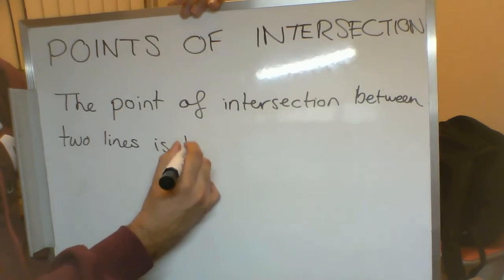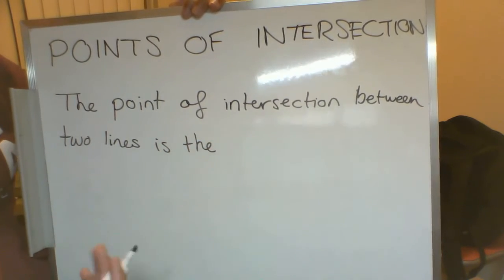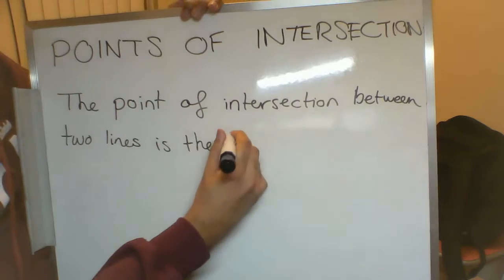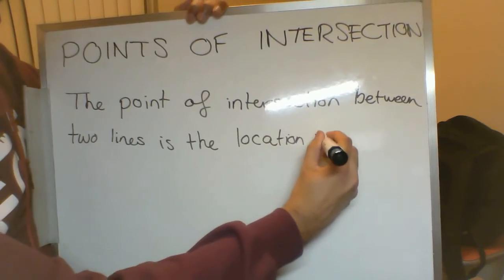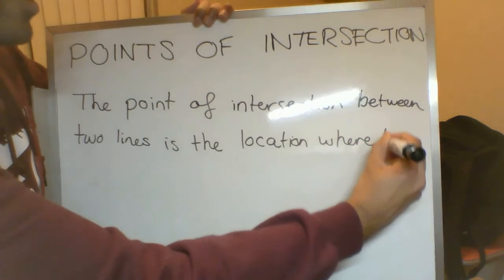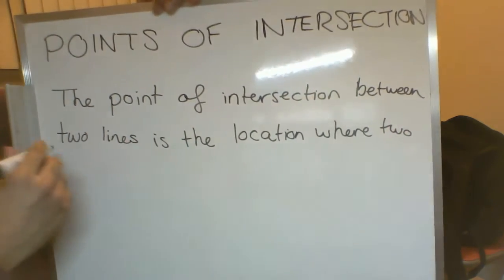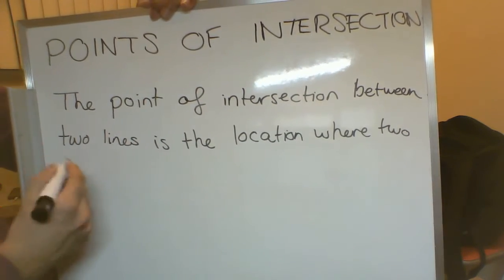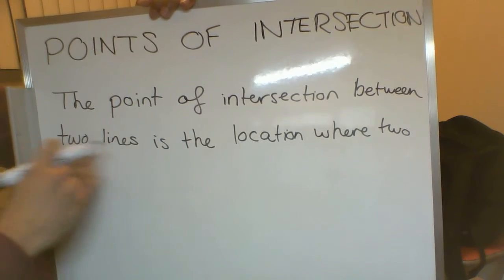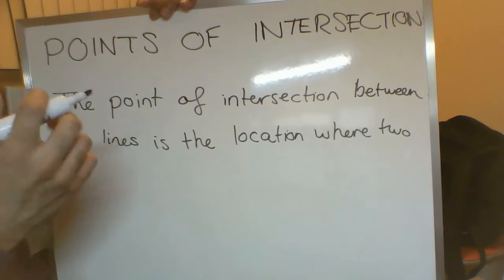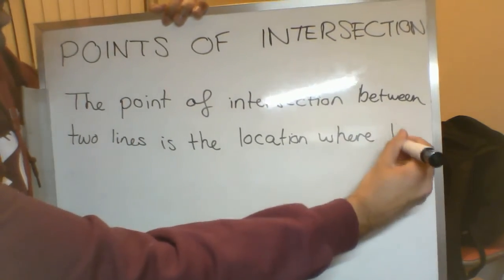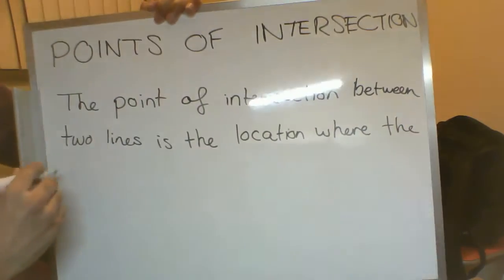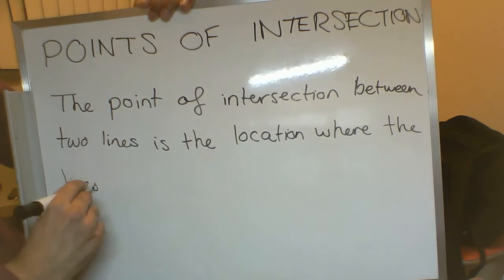You could say it's the location on your graph where two or more lines cross each other.